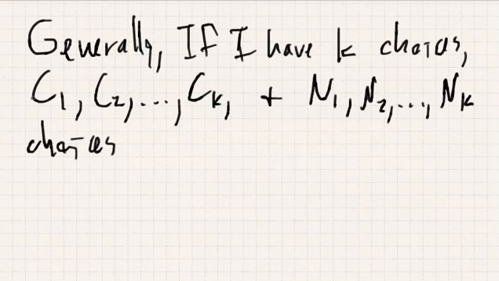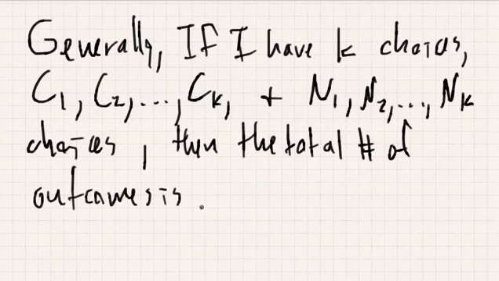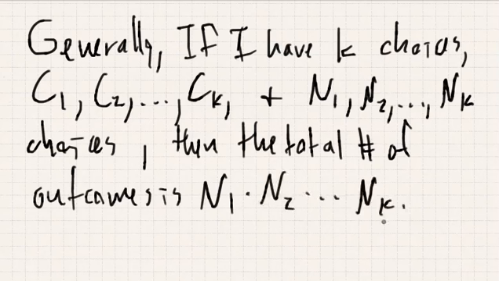So N1 is the number of choices for C1, N2 is the number of choices for C2, etc. Then the total number of outcomes is N1 times N2 all the way up to NK.